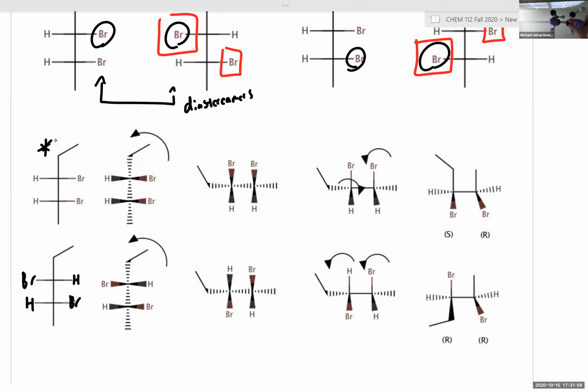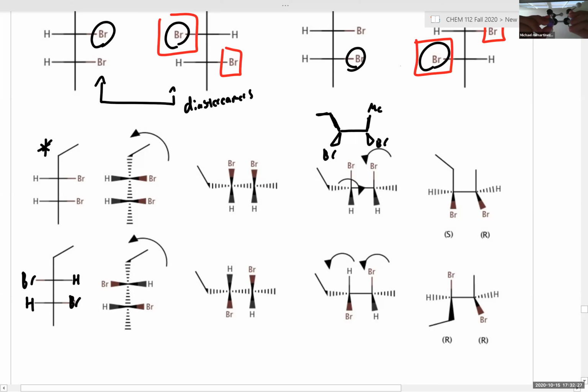So after rotation 90 degrees, both of our hydrogens are in the back, and we're just going to draw what we see now. So we have both of our bromines in front. I have my methyl group up top, and I have my ethyl group up top.